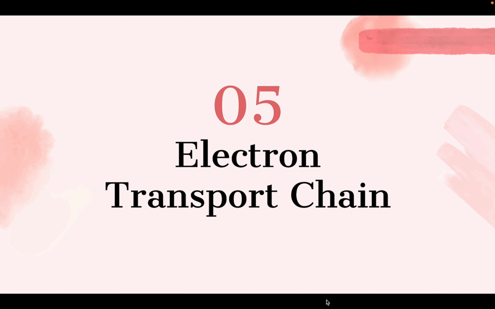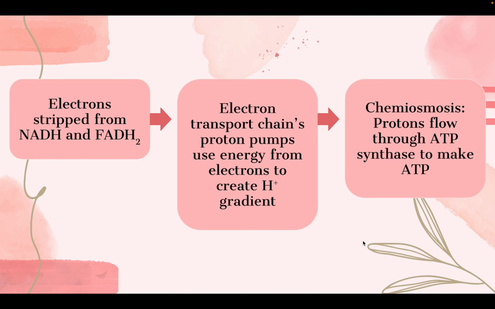Now we're on to the electron transport chain. This is the last step of cellular respiration. It's where we're going to get the bulk of our ATP. We're starting by stripping off the electrons from NADH and FADH2, a bunch of which we just got. Then the electron transport chain's proton pumps are going to use the energy from those electrons to create a proton gradient.